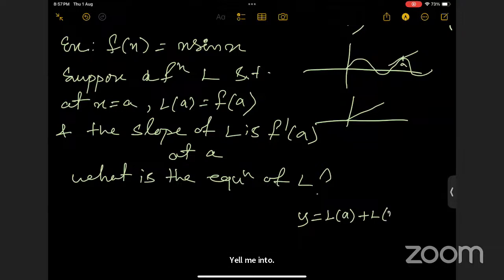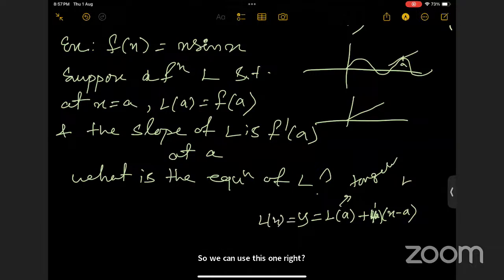L is the slope at the point a, f dash of a, right? Yeah, this is the equation of the tangent for L that we have. So we can use this one, right? This y means actually L of x, right? Yeah. So it's done, actually nothing to do.